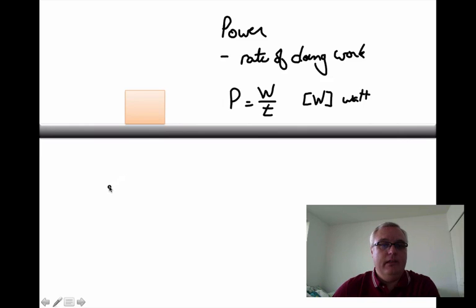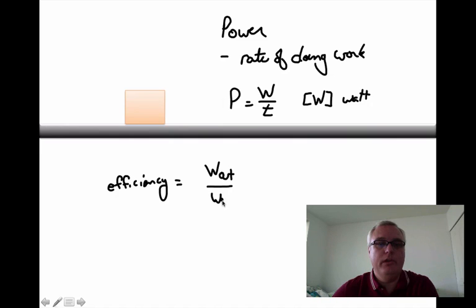And something else that will be useful to us is efficiency. How efficient are we at doing work? And efficiency is equal to the work that you get out of a system divided by the work you put in multiplied by 100%.